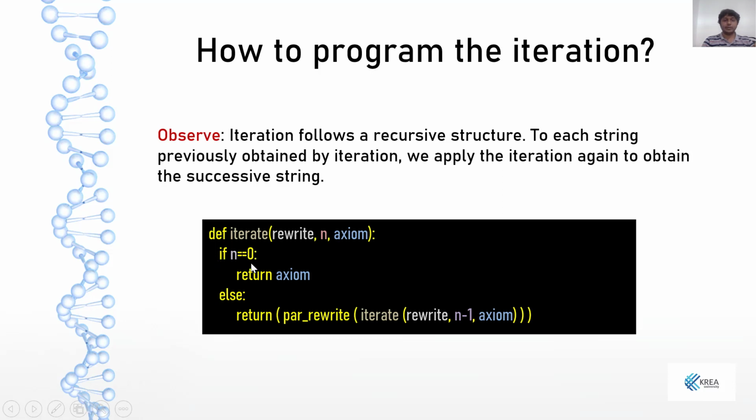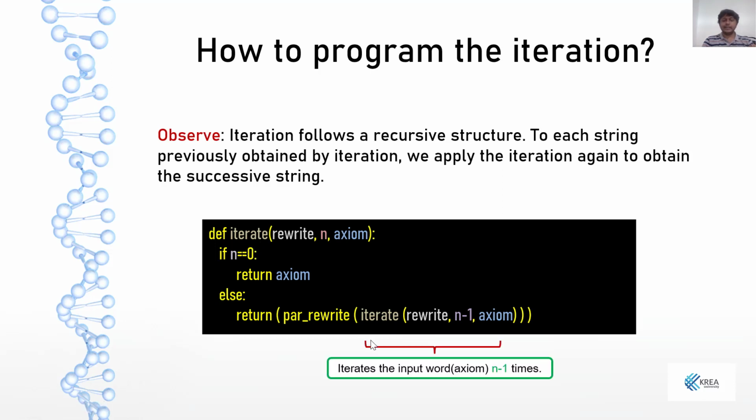Now if your n is 0, it just returns the input, which is your axiom. Otherwise, it returns a slightly more complicated term, which is essentially recursive, because you can see that we've called iterate again here, which is just the name of the function. So what does it really do? This term iterates the input word n minus 1 times.